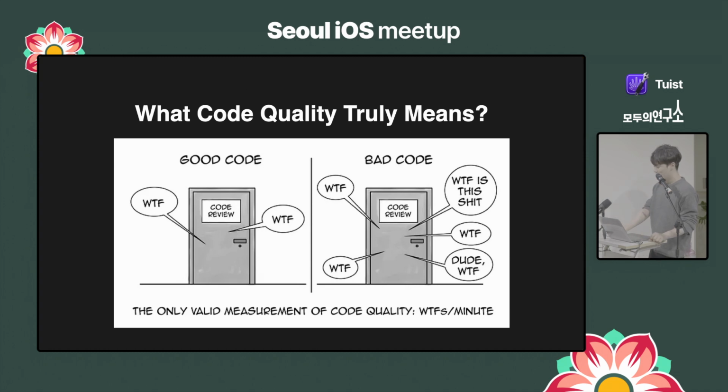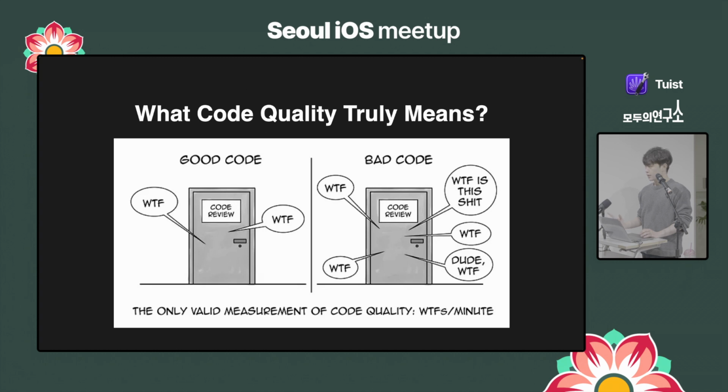This image, while humorous, brings up an important point about the nature of good code and bad code. Good code is often defined by readability, simplicity, and elegance, the kind of code that doesn't leave your colleagues pausing during reviews. On a more serious note, code quality is not just about reducing bugs.